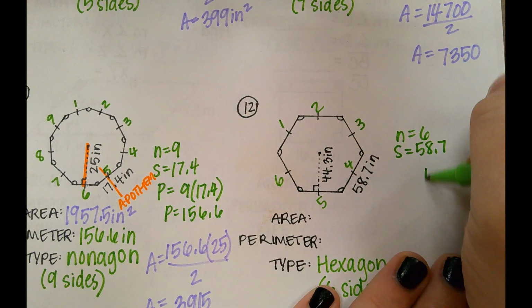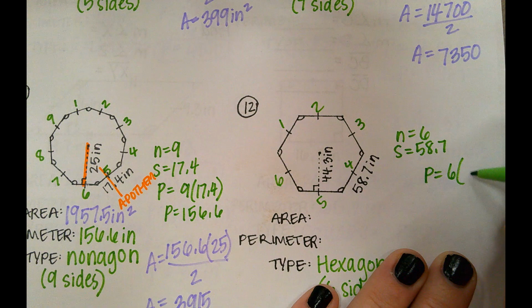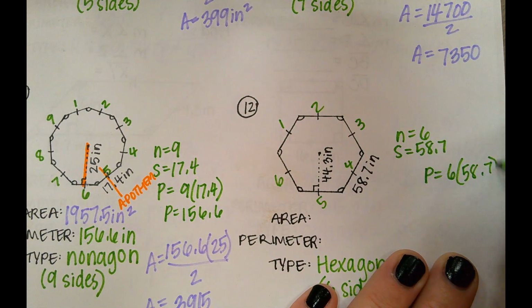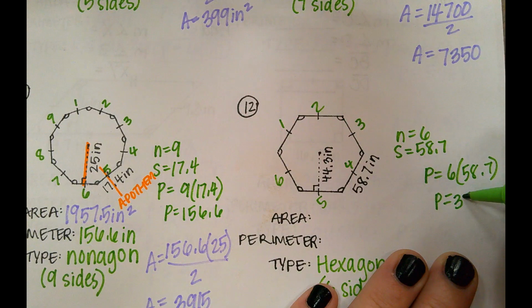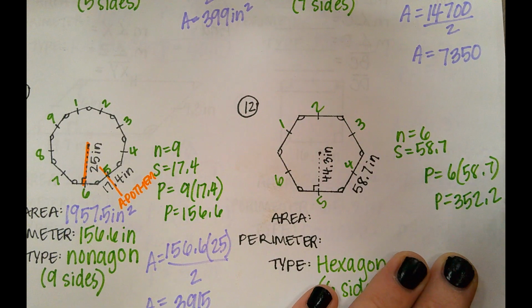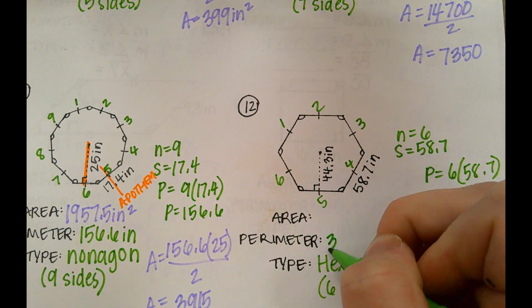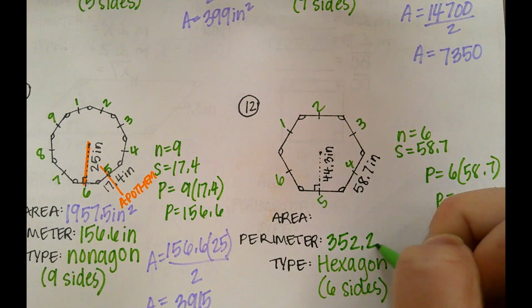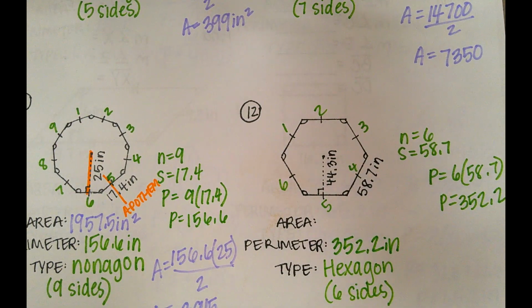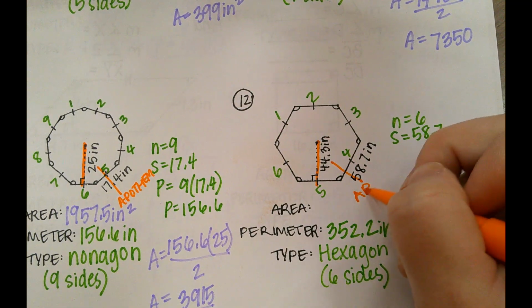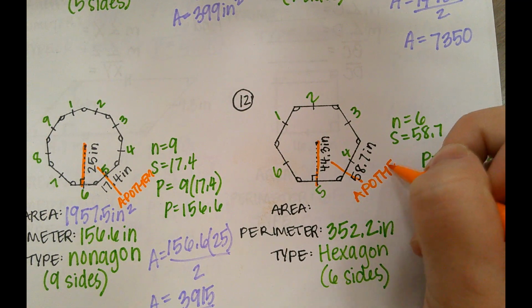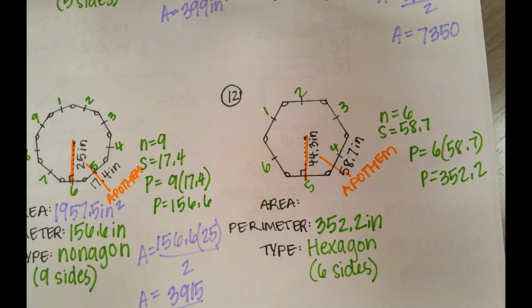So we'll find perimeter using 6 and 58.7, and that will give us 352.2 inches. And then you take that times your apothem, which is 44.3. Good.